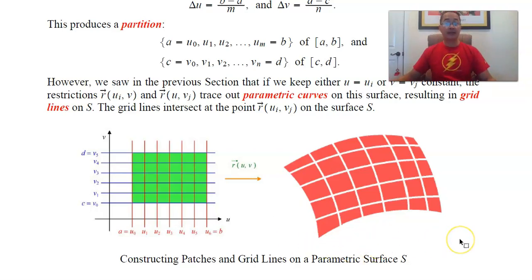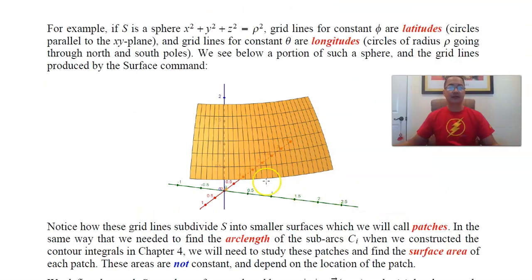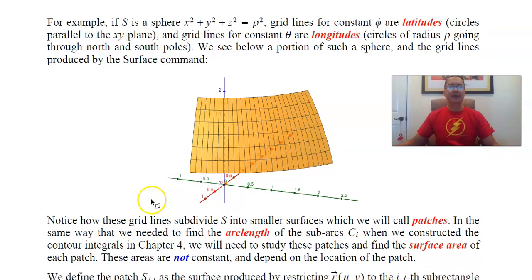So you get these grid lines on your surface. Here's an actual portion of a sphere, and you have these longitudinal lines and these latitudinal lines. So there are lots of little sub-patches on our surface, this portion of the sphere.